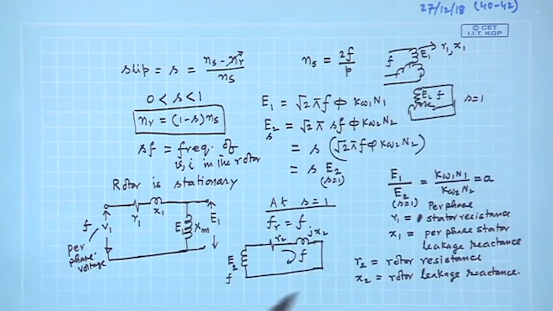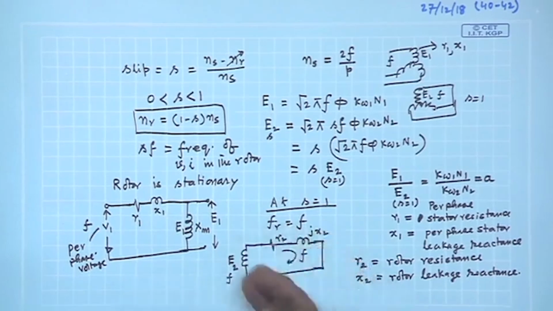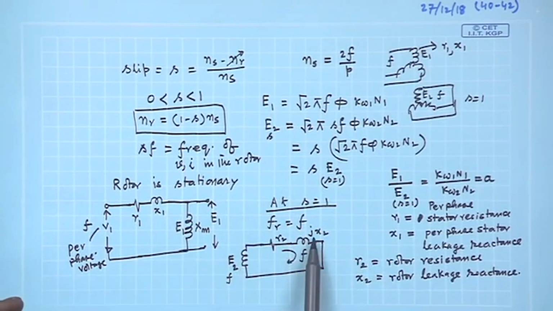Here is a different situation in the case of the induction motor rotor coil. At slip S equal to 1, the frequency in the rotor phase will be f, equal to the supply frequency. But when the motor is running, the frequency of the rotor electrical quantities will be S into f, as we know already. Therefore, the resistance of course will not change, but the reactance value is to be modified.